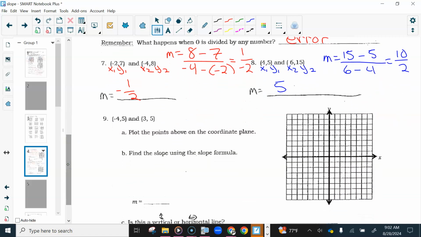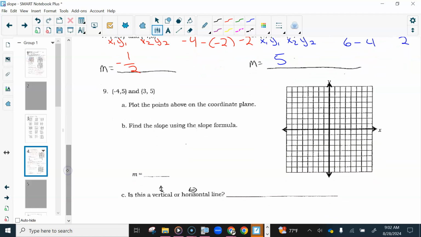Alright, now go ahead and plot these points on your graph. And we're going to, again, find the slope using the formula.